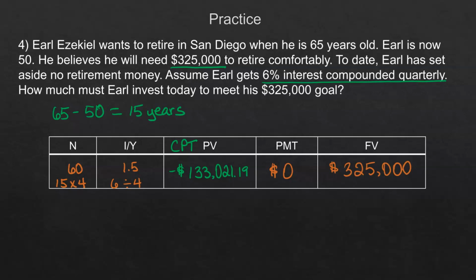Now, I do think this is kind of interesting. If you calculate how much interest he earned, we would just subtract the present value. And so interest earned would be a nice little chunk of $191,978.81.